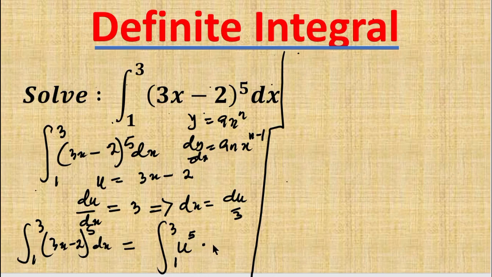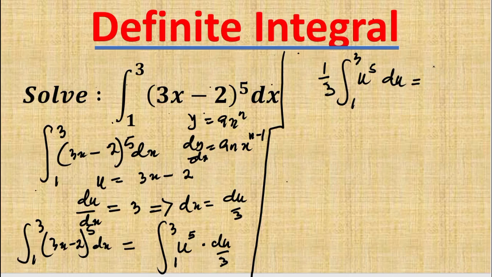And my dx now, I can represent with du over 3. I've not finished. I can still pick this 3 and bring it outside, so I can represent it as 1 all over 3. I'm integrating u raised to power 5 between 3 and 1 with respect to u.